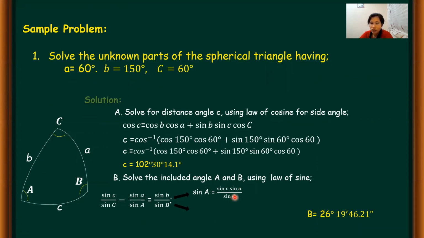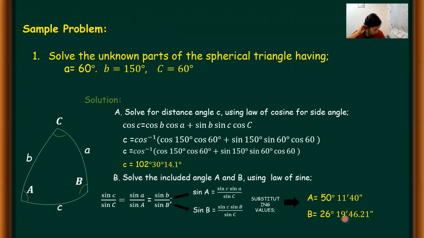Then direct substitution, we can get now the value of A. And for side B, if you're looking for it, this is equivalent to sine of small b times sine C over sine c. Then the value of A is 50 degrees, 11 minutes, and 40 seconds, and your B is 26 degrees, 19 minutes, and 46.21 seconds.